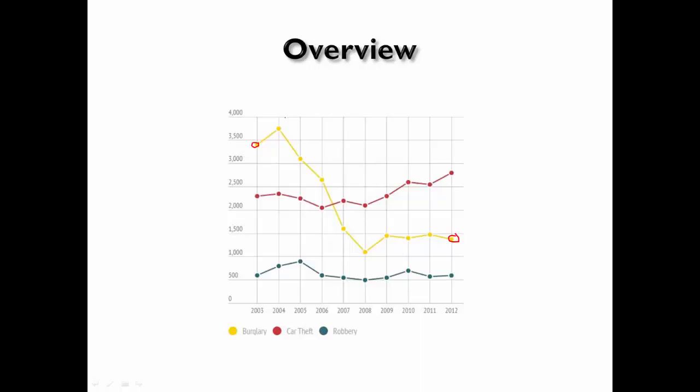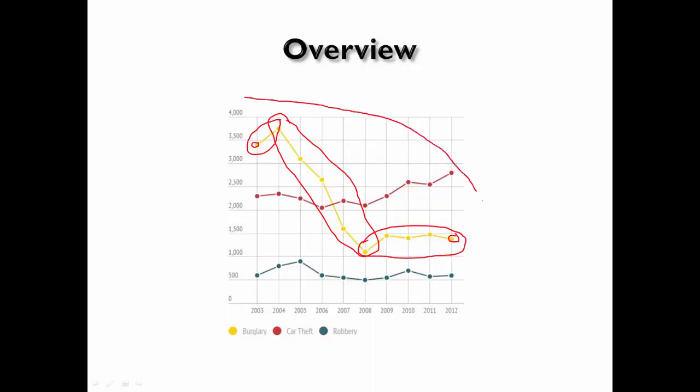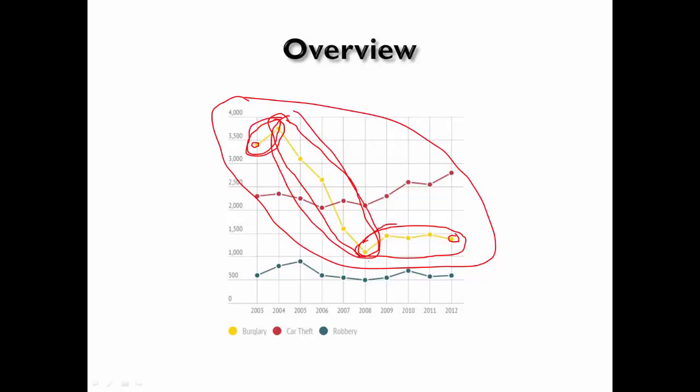However, in the details paragraph, we need to look at what happens between here and here, what happens between, say, here and here, and then what happens between here and here. So in the overview, there is just one stage from 2003 to 2012, but in the details paragraphs, we get into much more detail in smaller stages like this.